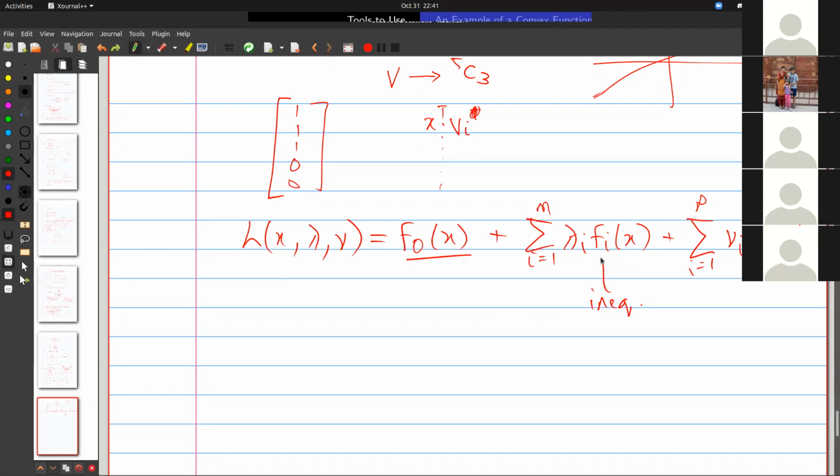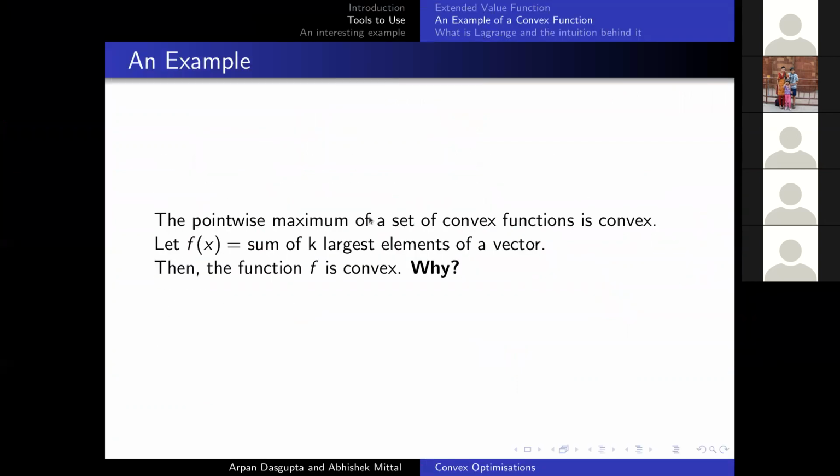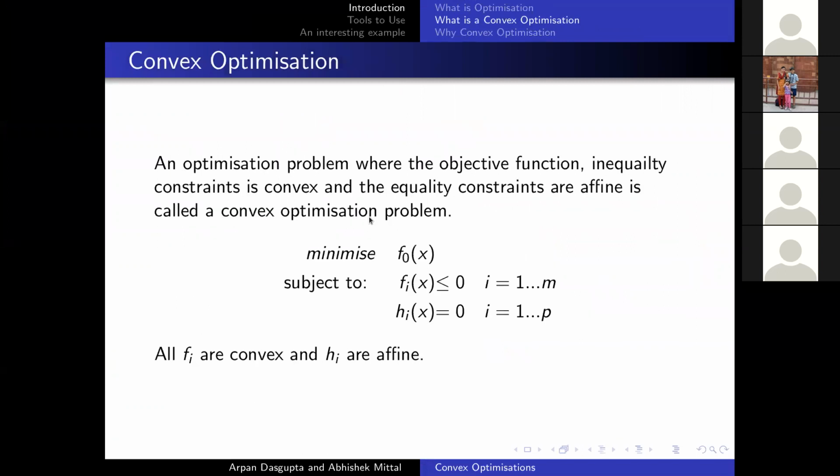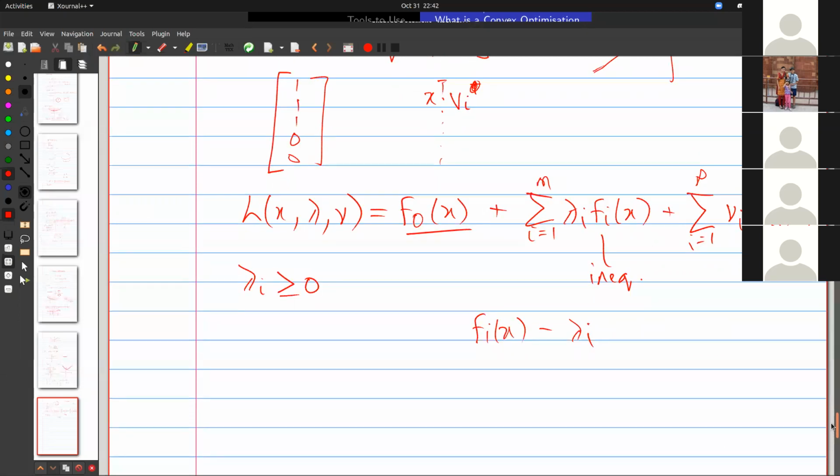So say all lambda i's are greater than or equal to 0. If we do not satisfy the constraint fi of x, we will basically penalize ourselves with the value of lambda i. So it's like we incur a cost to ourselves.